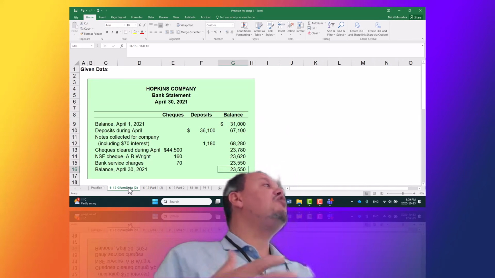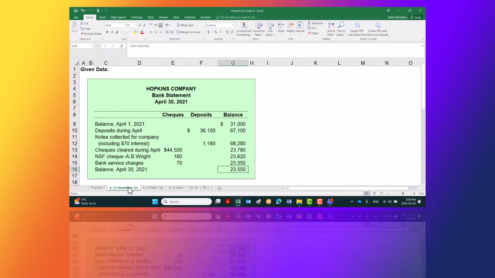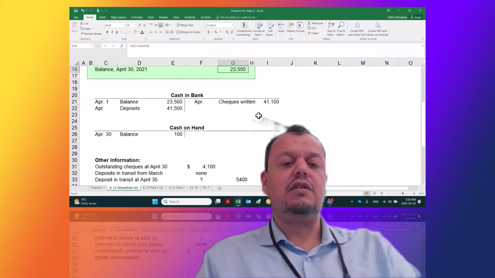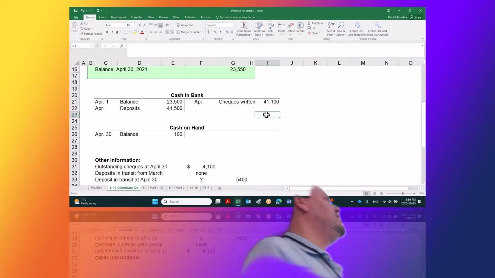How about our own books, our accounting? How much is the balance of the bank account as on April 30? I have the balance on April 1st. I don't have it directly on April 30, but I can calculate it. How to get the balance of the cash in bank on April 30?